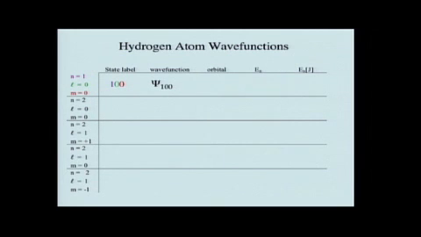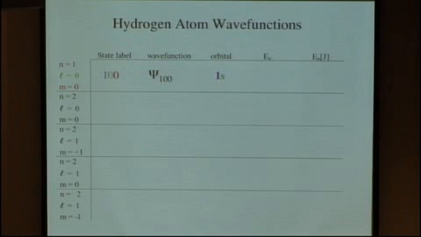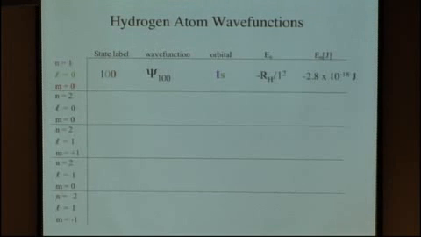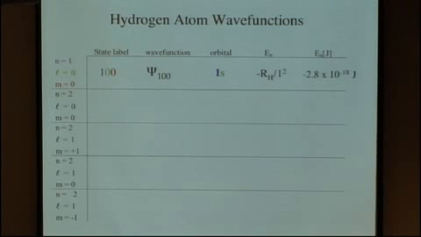We said that's the 1s orbital. We also know how to figure out the energy of this orbital using this formula here, which was the binding energy, negative R_H. Instead of n, we plug in n equals 1, so over 1 squared. And the actual energy is here.